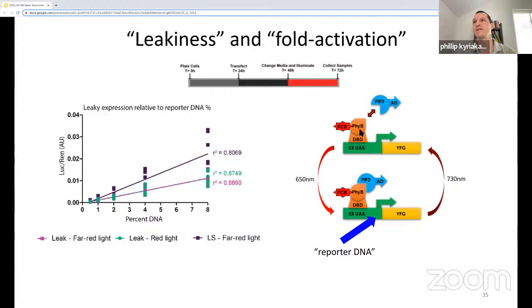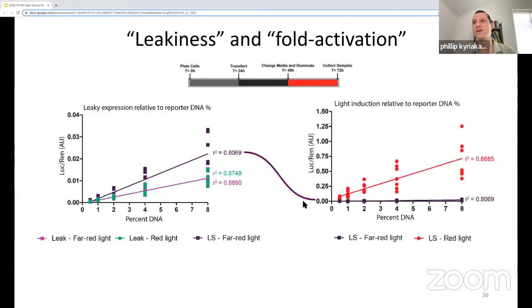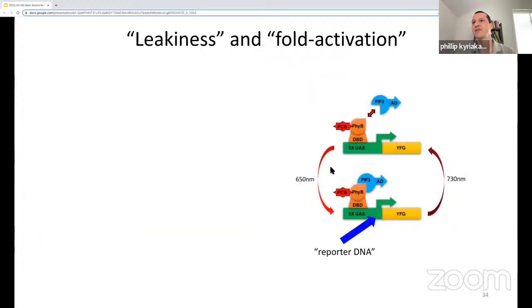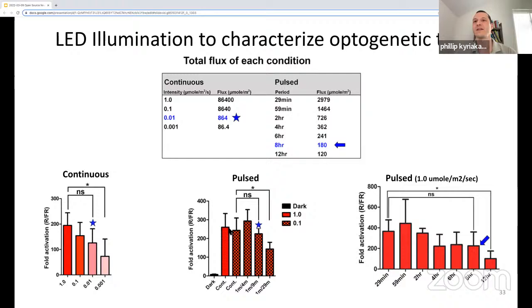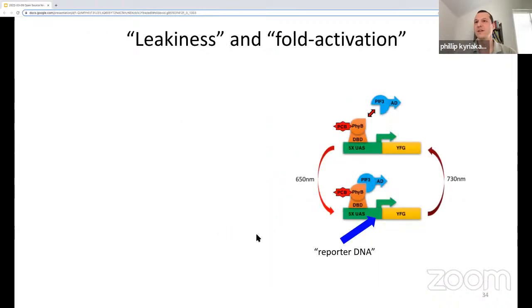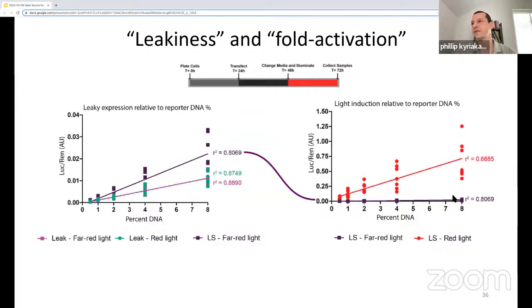So even though this is the off state, there is going to be some level of transcription going on. But it's pretty low if you consider the difference between the far red light and the red light, and that's reflected in our experiments here. You're getting like 250 fold difference between these conditions.